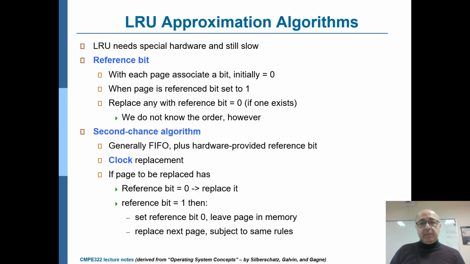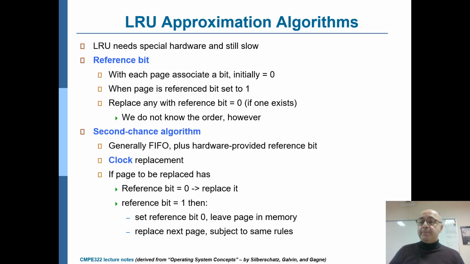Now there are some alternative solutions that are not least recently used, but they're approximations to least recently used, because least recently used typically requires some special hardware and it's also slow. So one alternative is making use of the reference bit. Instead of storing a large counter, you just store 1 bit per page, which is initially 0, and every time the page is accessed, you make it 1.